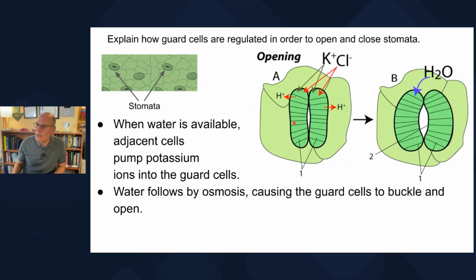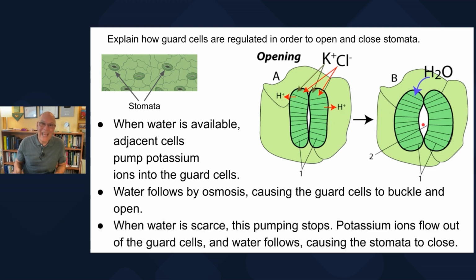Water follows by osmosis, because essentially what happens is that these cells become hypertonic. Water flows from the hypotonic cells adjacent into the hypertonic guard cells. And there's an array of fibers that force the guard cells to open up like this. That creates the stoma over here at number 2.